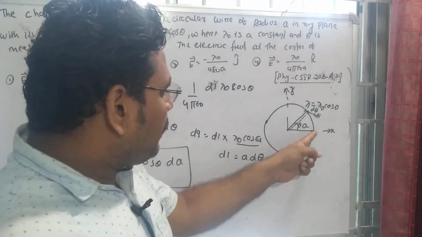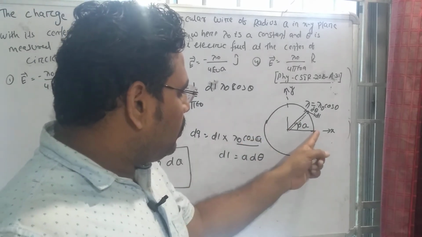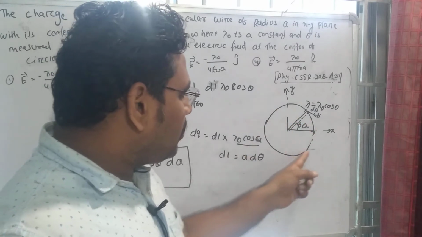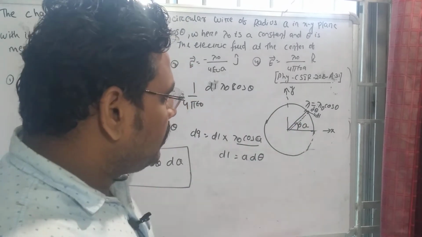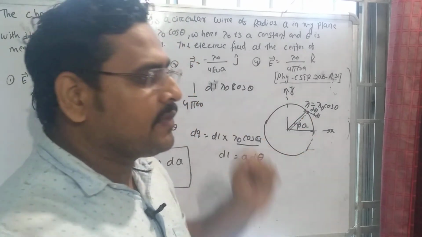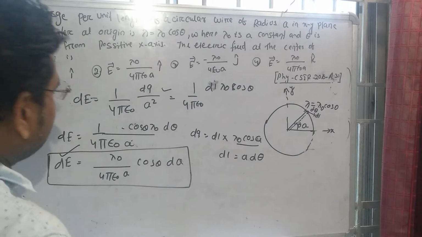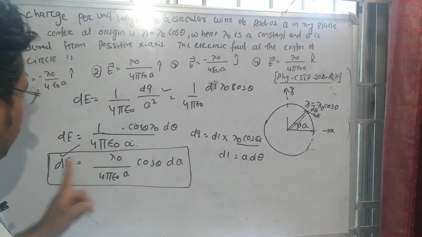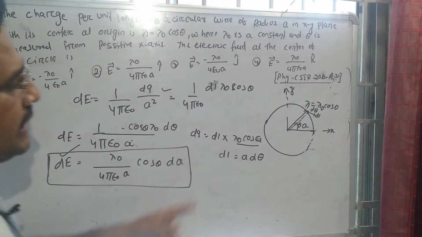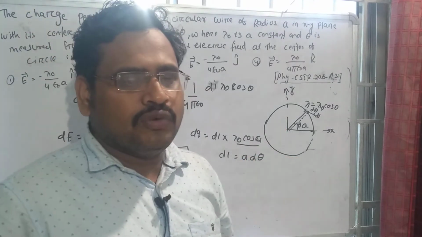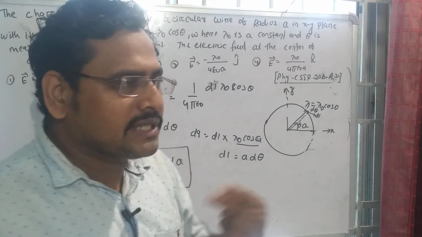If we want to find the electric field due to the whole circular ring at the center, then we have to integrate it along the perimeter of the circle. But the problem is that the electric field is a vector quantity, so if we integrate this equation directly we will not get the exact value, because we cannot add it as a scalar quantity.